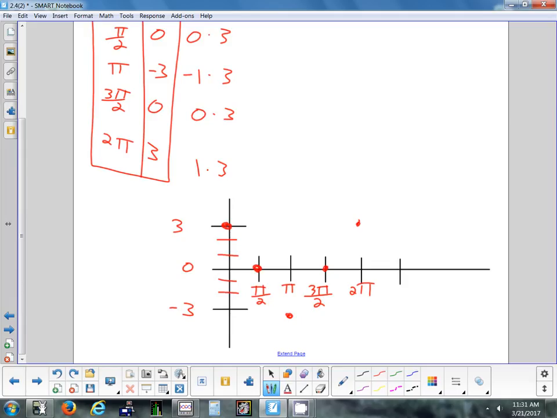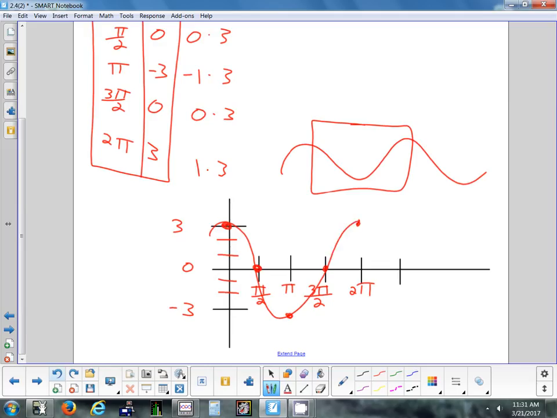It kind of has that V shape to it because we're sketching that middle section of the wave that looks like a V. And so just sketch that. Can't see through my own shadow. And it looks like that. And that's our graph. Any questions on that?